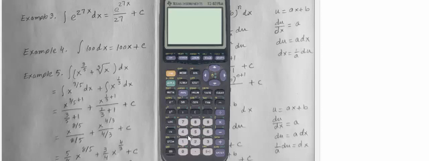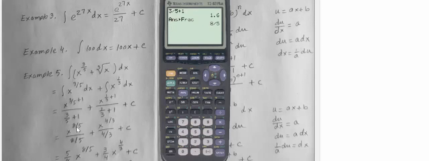So what you do, you type 3 divided by 5 plus 1, right? Hit enter, that will give you a decimal answer. Then you go to math and ask for fraction. This is option 1, enter. So that gives you back 8 over 5.